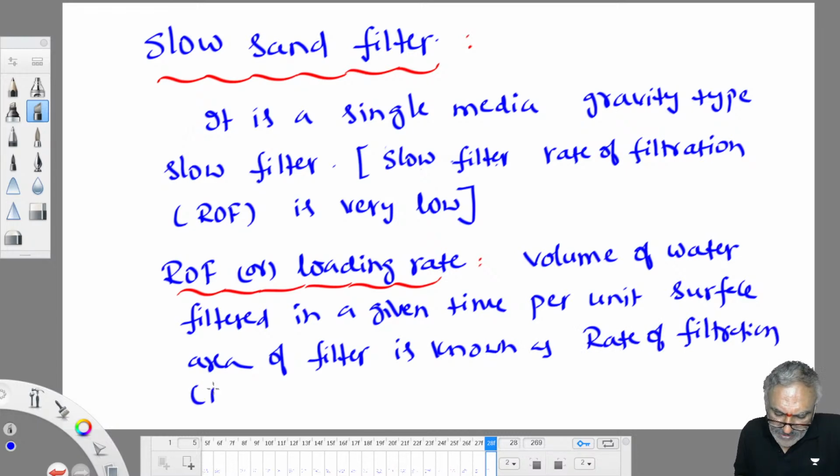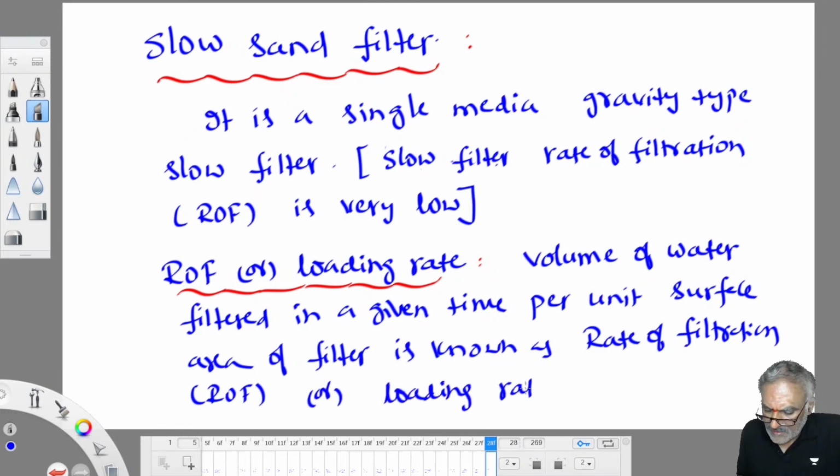The rate of filtration, shortcut ROF, or the other name, loading rate. This is very less in case of slow sand filter.